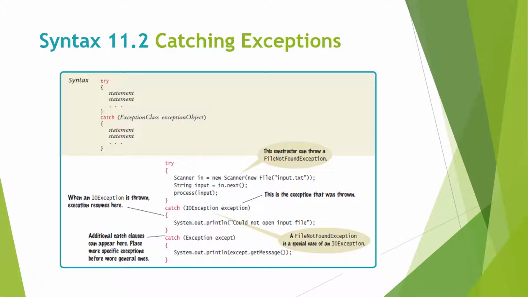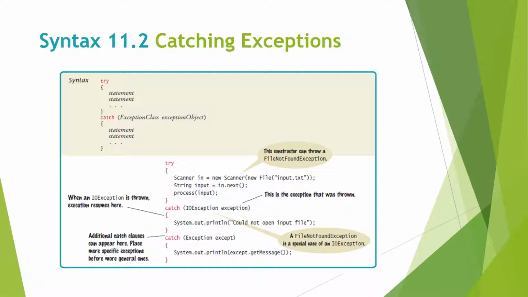So another syntax that you need to remember for exceptions is the try block and the catch clauses. As you see, the try block will contain a number of statements that may throw some exceptions, and after the try block we have a number of catch clauses, each one of which catches a specific type of exception.